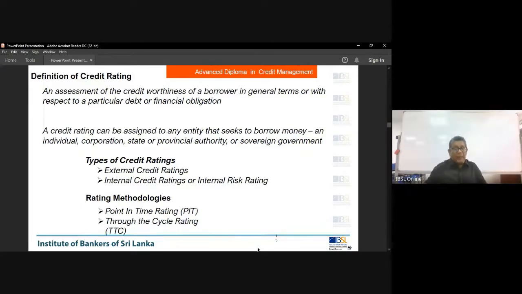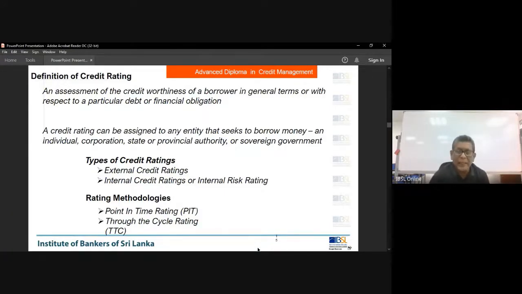Recently, I think sometime in September, the central bank introduced a new rating agency to Sri Lanka, where you can also obtain a rating from that particular institution.